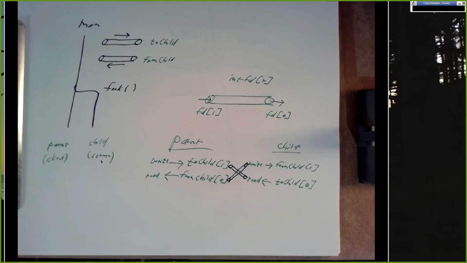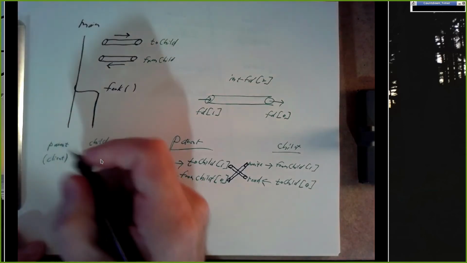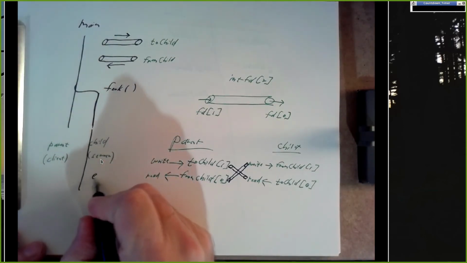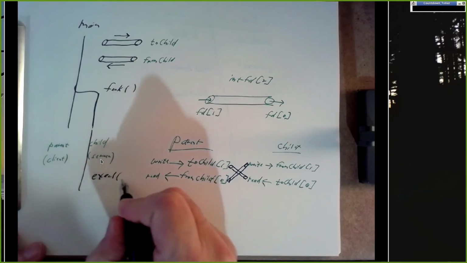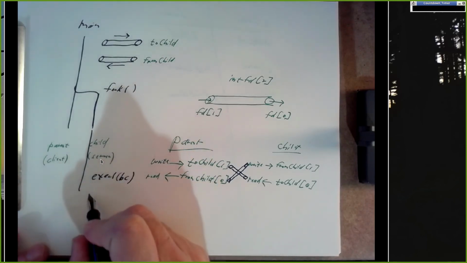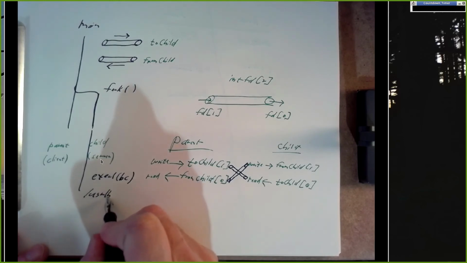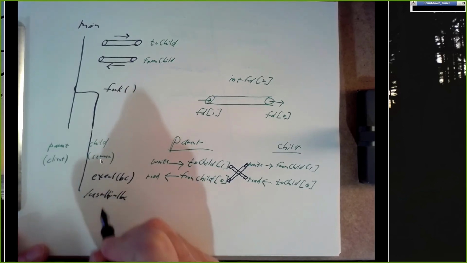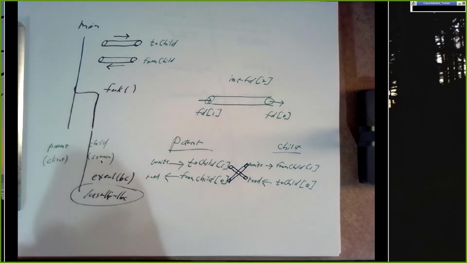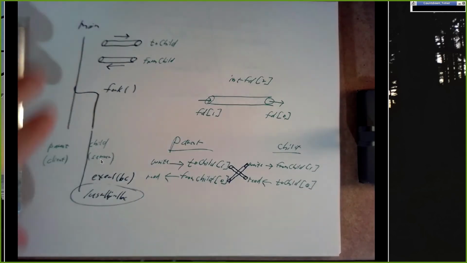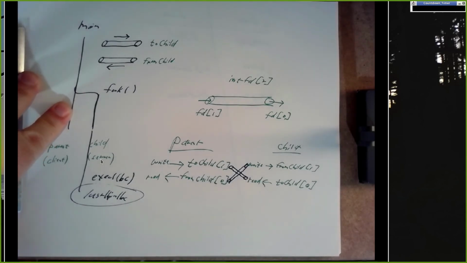All right, so we may want to, for example, at some point do an exec and start running some new program like our basic calculator, BC, but still be able to communicate with it from this main thread. So here's the cool thing.